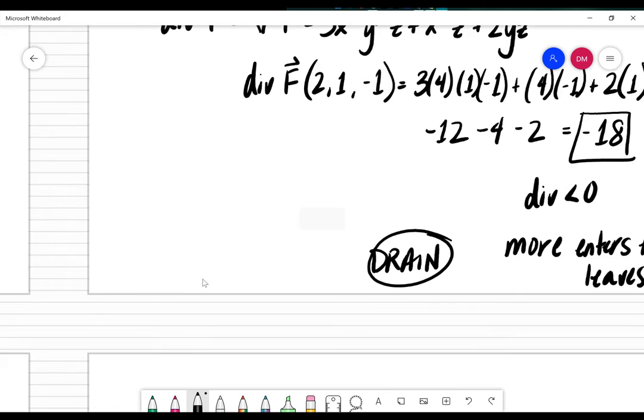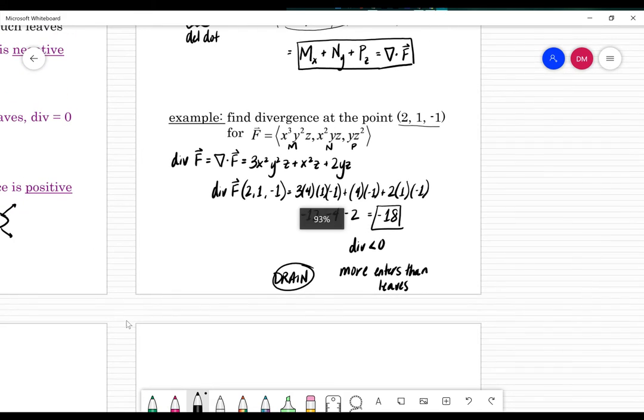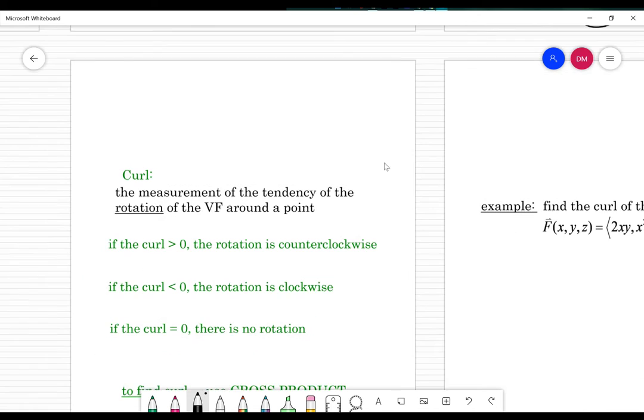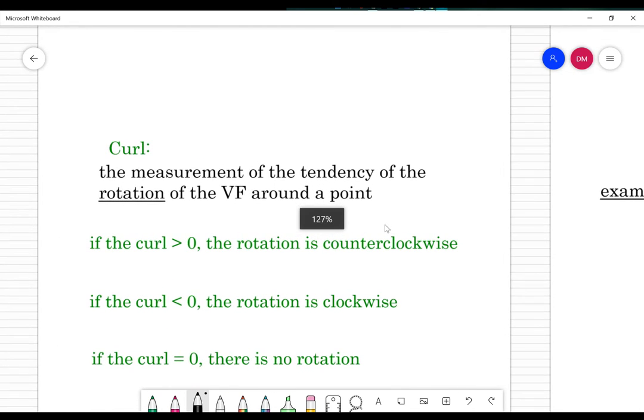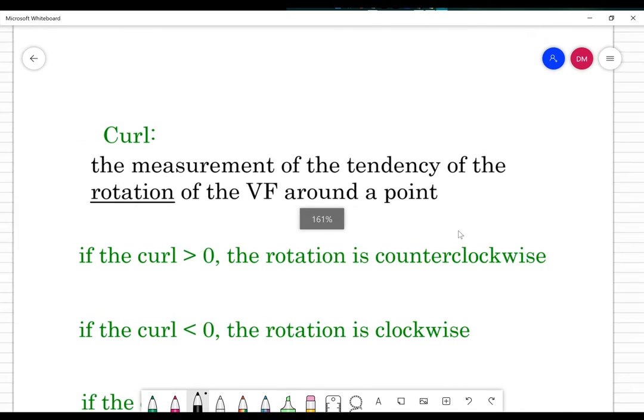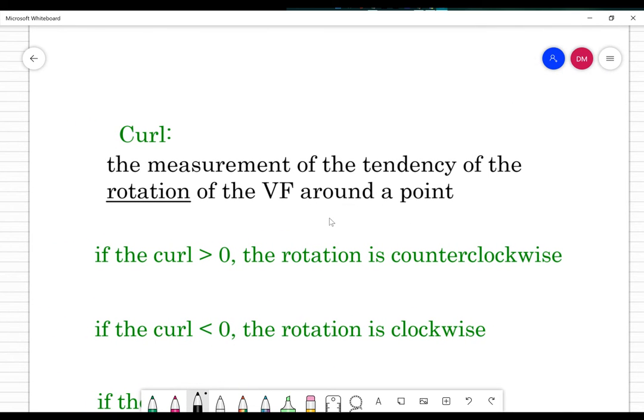So then that leaves us with curl, our other way to describe a vector field. And curl is a little different. It is the measurement of the tendency of rotation of our vector field around a point. So I am at a point. What is the tendency for my physical body, I guess, to rotate at that point in the vector field?